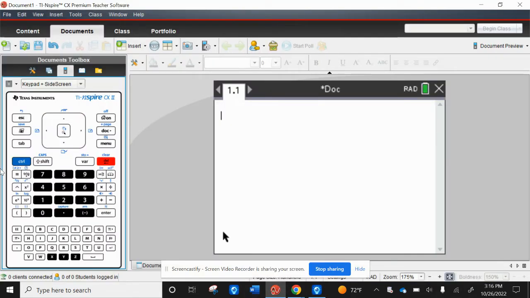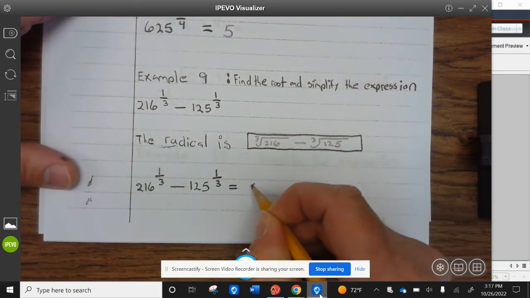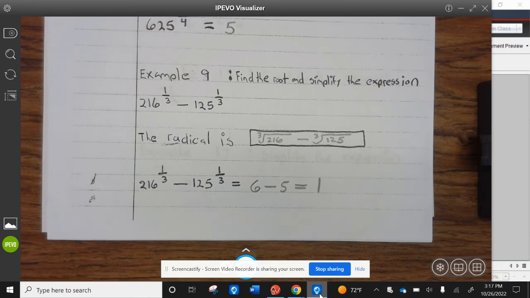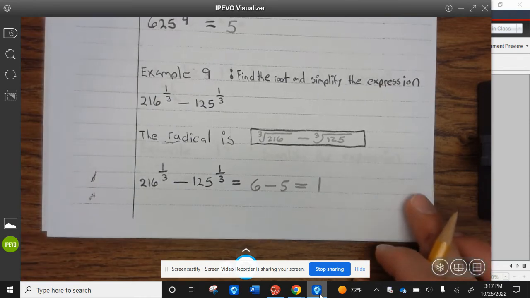So the cube root, so control cube root of 216 and the cube root of 125. So this becomes 6 minus 5, which equals 1. All right, let's take a look at the next example.